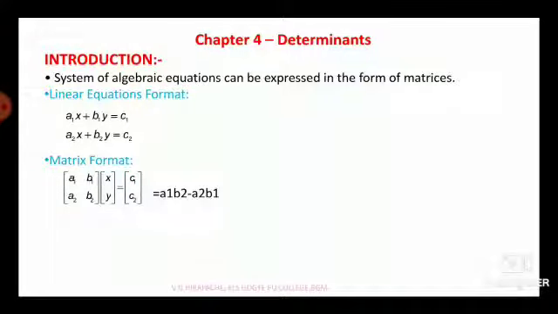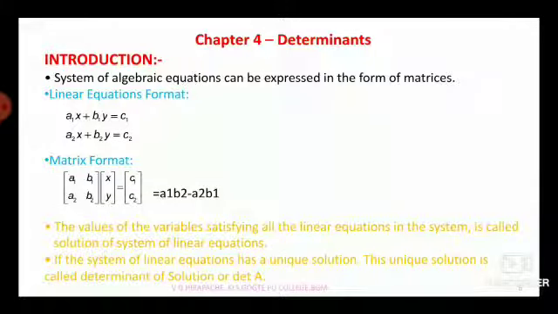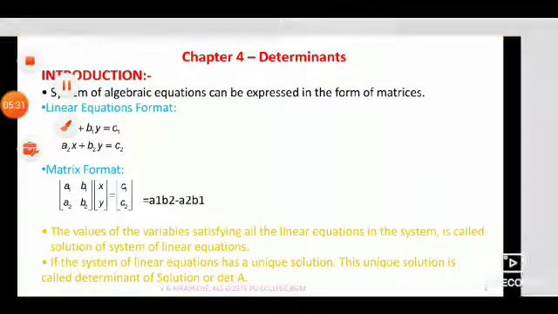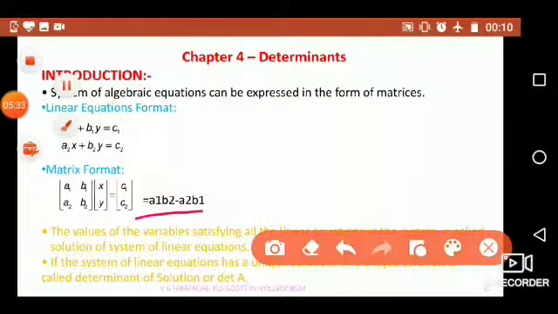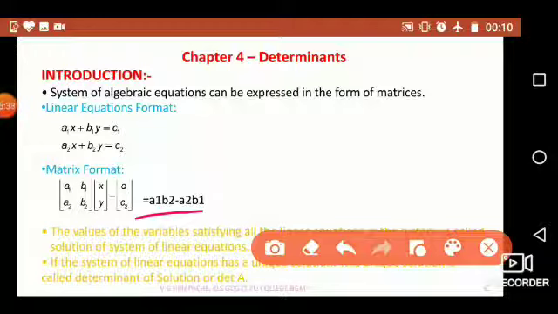This system of linear equations has a unique solution or no solution, and it is determined by the number a1 b2 minus a2 b1. This value a1 b2 minus a2 b1, associated with the matrix A containing the elements a1 b1 a2 b2, is called the determinant of the matrix.